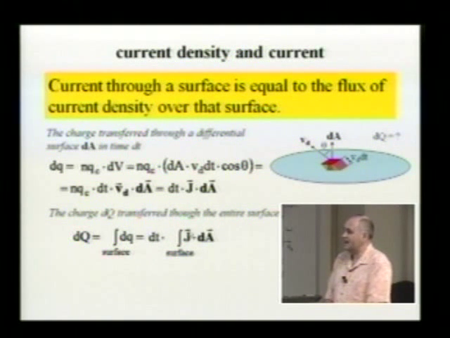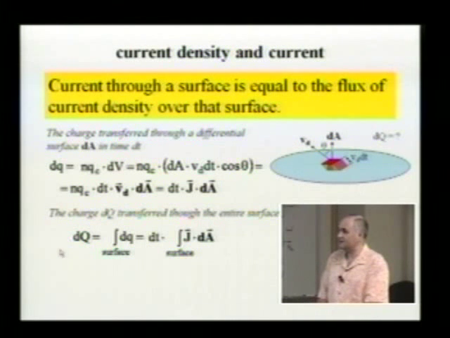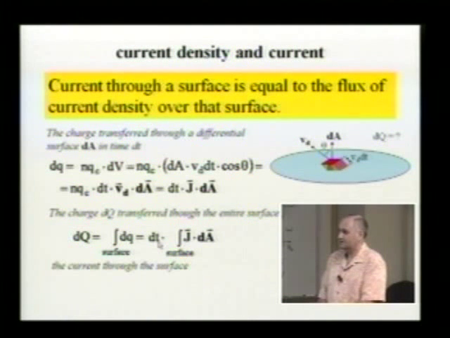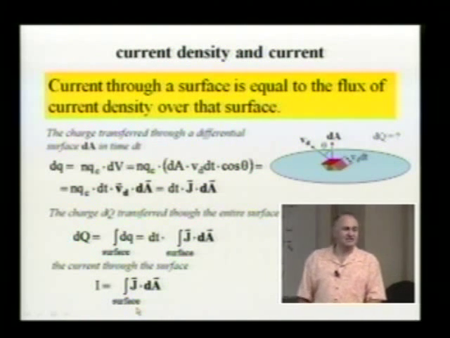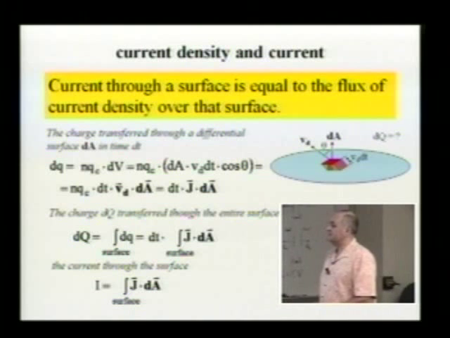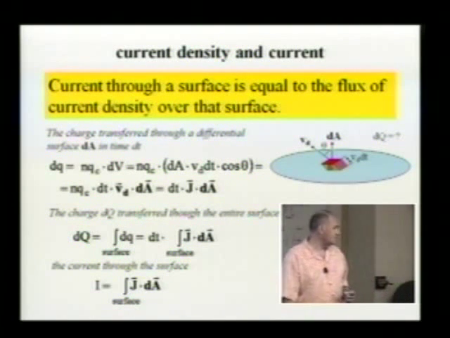From this, I can find the value of the current flowing through the surface, because current flowing through the surface is the charge transferred through the surface in time dt divided by time dt, which means that the current through the surface is equal to the flux of the current density over the same surface.